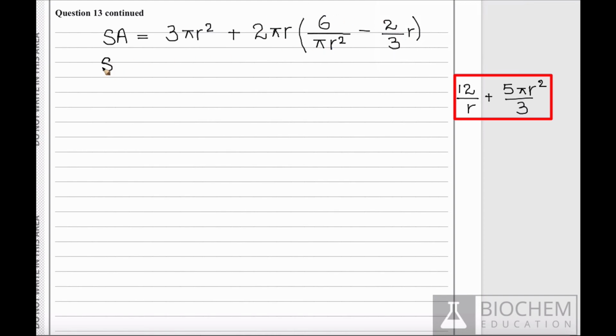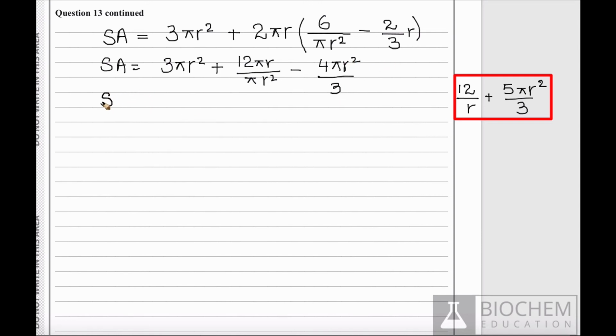So surface area equals 3 pi r square plus 6 times 2 pi r can be written as 12 pi r over pi r square minus 2 times 2 is 4 pi r squared, do not forget this r, over 3. Now we can simplify it further.